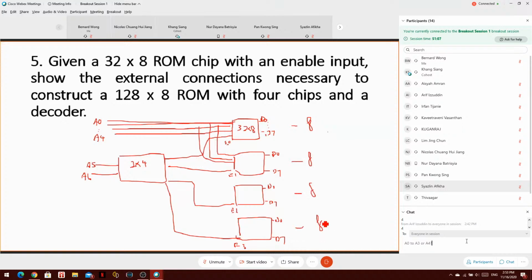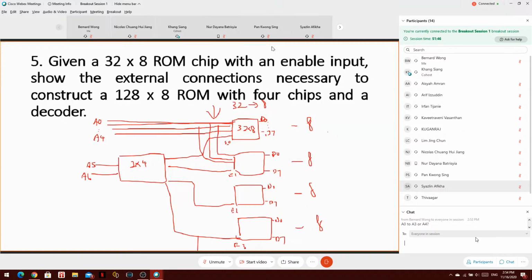The output is 8. For the 32, if you count from here, how many lines make up the 32? You have 5 lines to make up the 32: 1, 2, 3, 4, 5. So it's 32 going out to 8. Okay, so you have the idea of this thing.